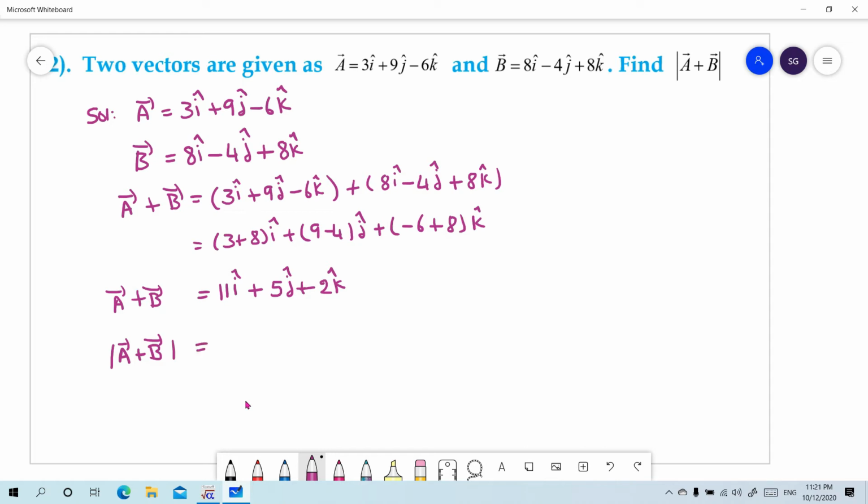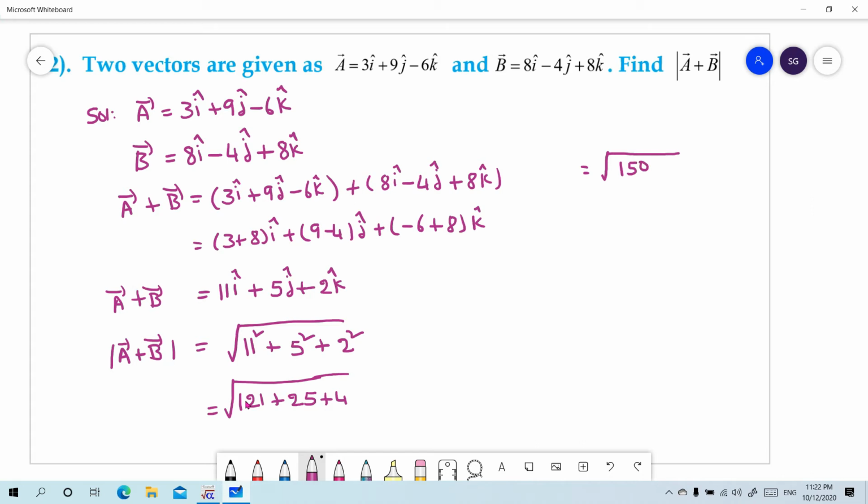So according to the formula, root of ax square plus ay square plus az square, the i cap coefficient 11: root of 11 square plus 5 square plus 2 square, that equals root of 121 plus 25 plus 4, 150. 121 plus 4, 125 plus 25, 150.